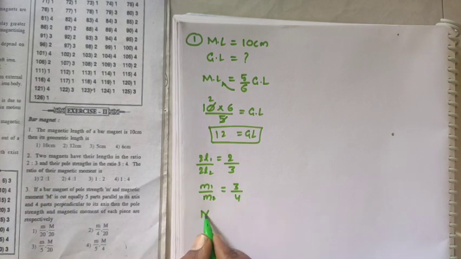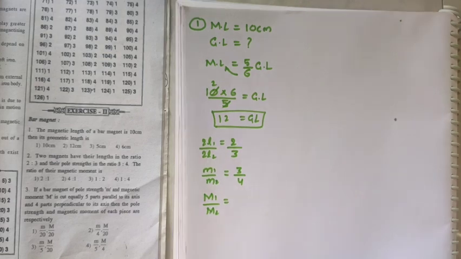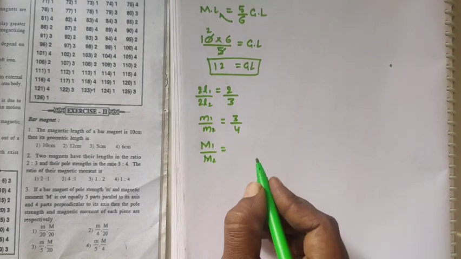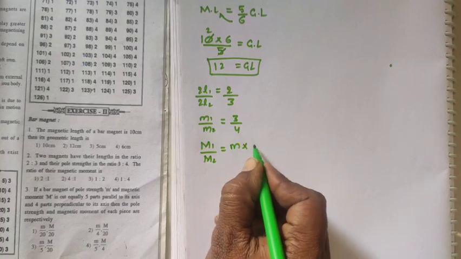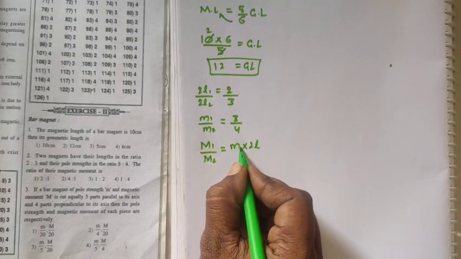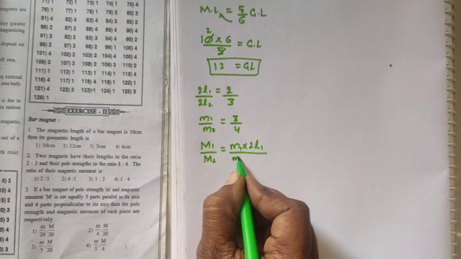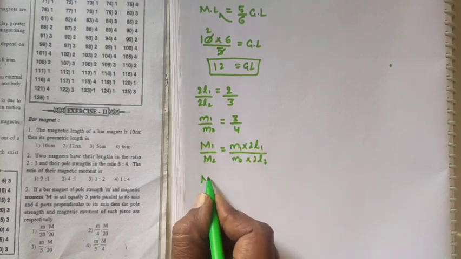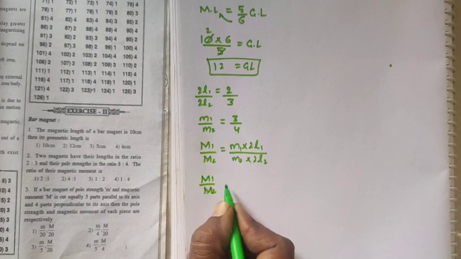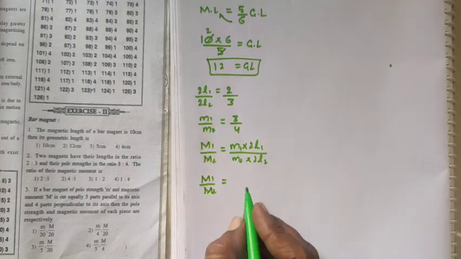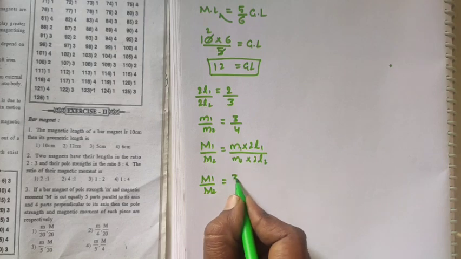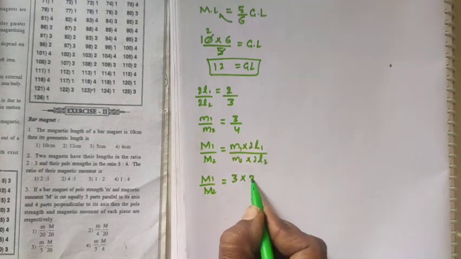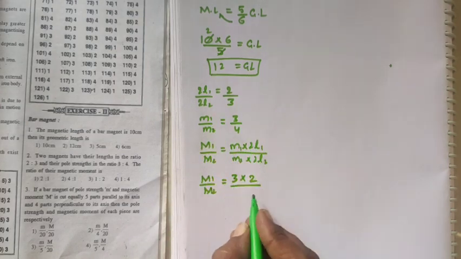Magnetic moment I will represent by the letter capital M, right? So magnetic moment is equal to m into 2L, so M1 by M2 is m1 into 2L1 divided by m2 into 2L2. m1 means 3 here, 2L1 means 2, m2 value is 4, 2L2 value is 3.